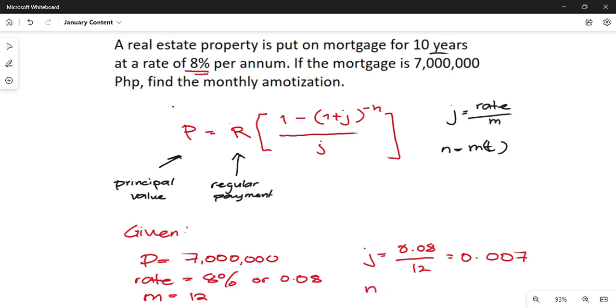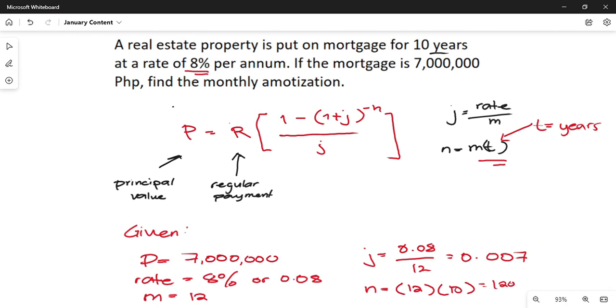Then our N, because it's M times T, M is 12 and T is in years. How many years should she be paying this monthly amortization? It's 10. So N equals 120. So that is our given.